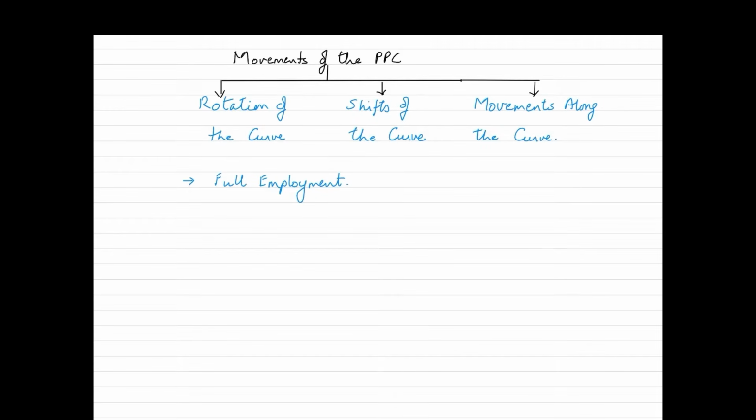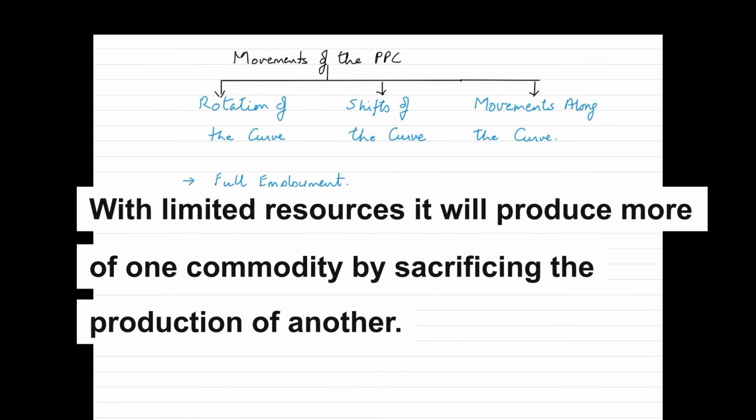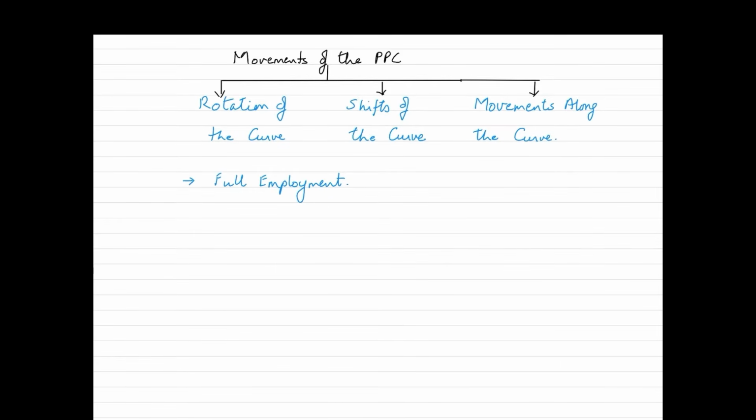So it will be able to produce those 50 more cars only by cutting back on computers. So maybe say for example, it is now producing 25 computers and it is adding 50 more cars to its production. Any country will not be able to make more of both because we should know that the PPC curve assumes that the resources are limited. So with limited resources, an increase in the production of both the commodities may not be possible. So that's what we mean by movements along the curve.